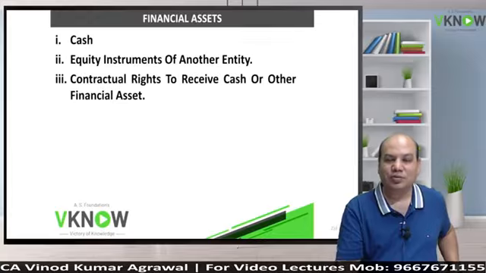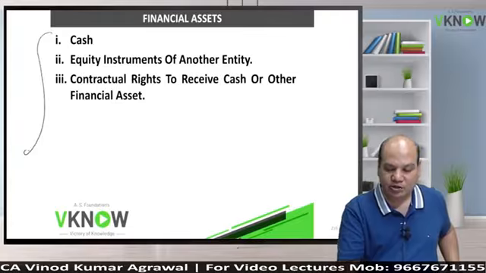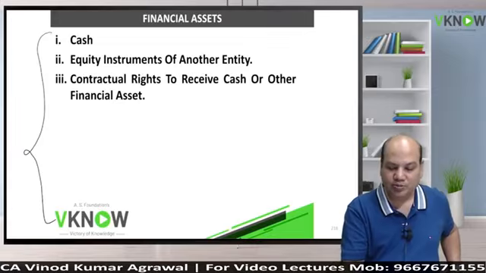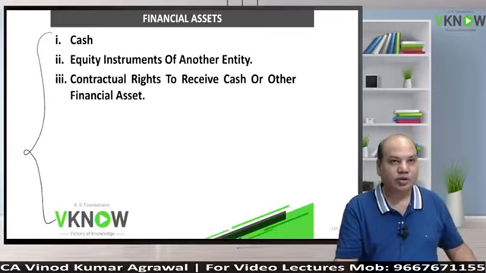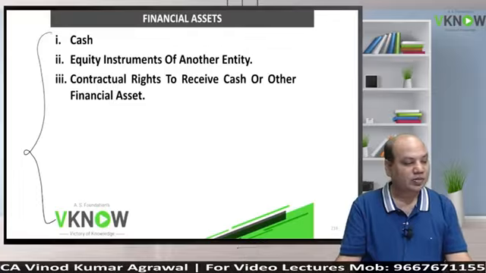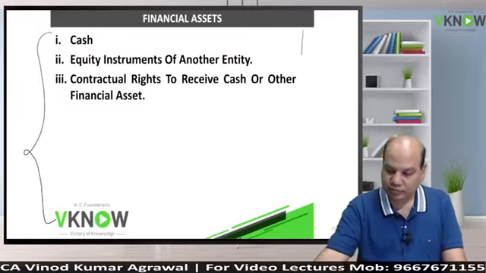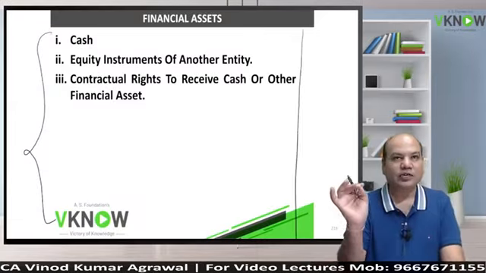But of course this will be a major part of the next standard, 109, which we will probably take tomorrow once I finish this. So a financial asset has 6 elements. Financial liability had how many elements? Financial liability had 4 elements. Financial asset has 6 elements.